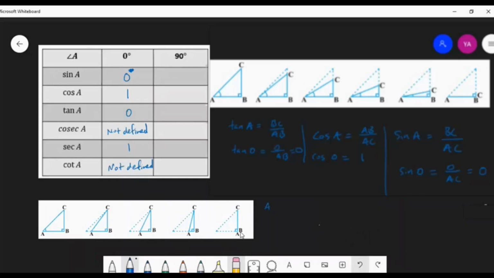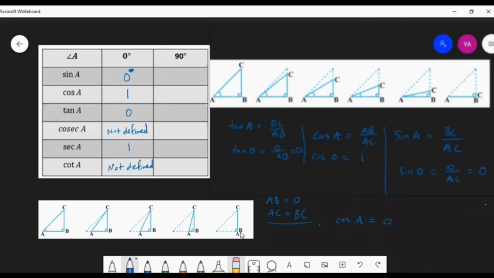And one more thing, the hypotenuse will coincide with BC. AC will become BC. Both will coincide. So now, what will be cos A? Cos A will be 0.